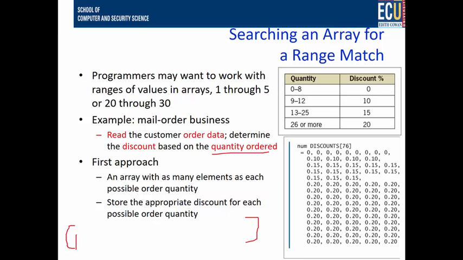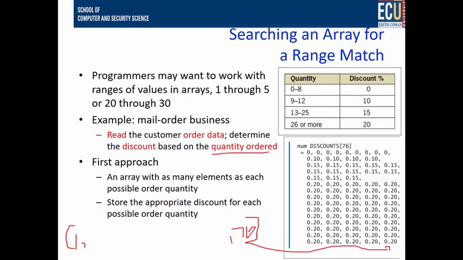If the user purchases one item, then index 0 of that array corresponds to index 0 of this array, which is the discount. So the discount will be 0. This array size is 76, so this array will also be of size 76, and for example, if the user orders 76 items, then the discount would be whatever is at the 75th index of this array.